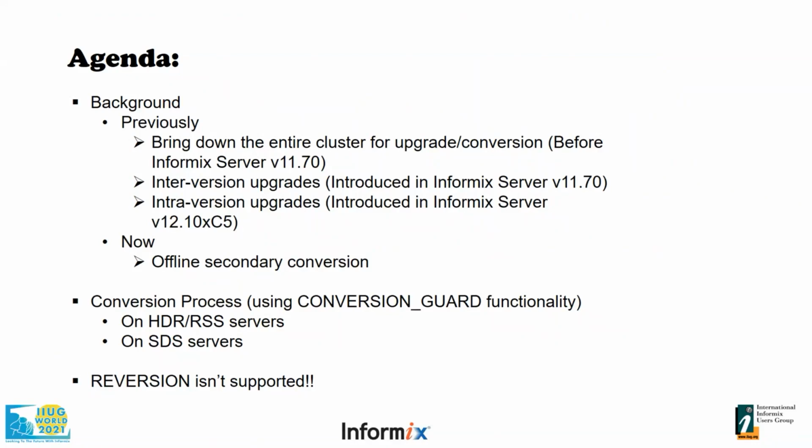Okay, and it has 3 values, 0, 1, and 2. 2 being the default one. 0 is disabled. 1 is it enables the restore point as part of upgrade and stops in case an error occurs during the process. And 2 means it also enables the restore point as part of upgrade, but it continues even if there is an error in capturing the restore point. Okay.